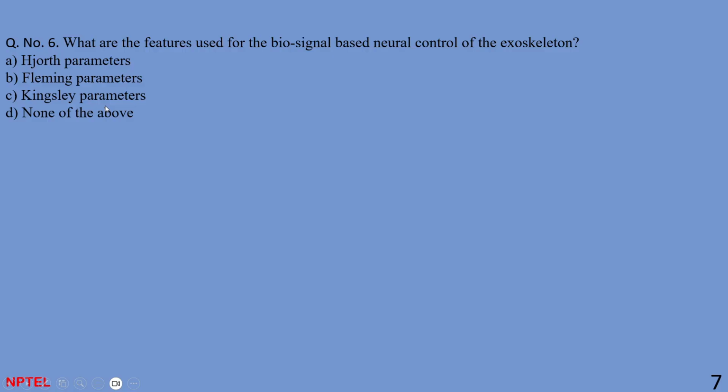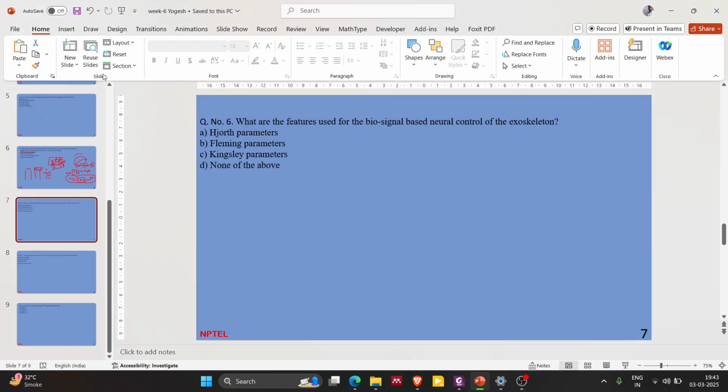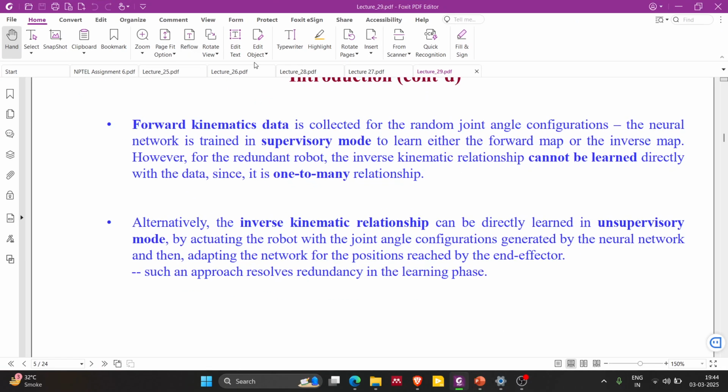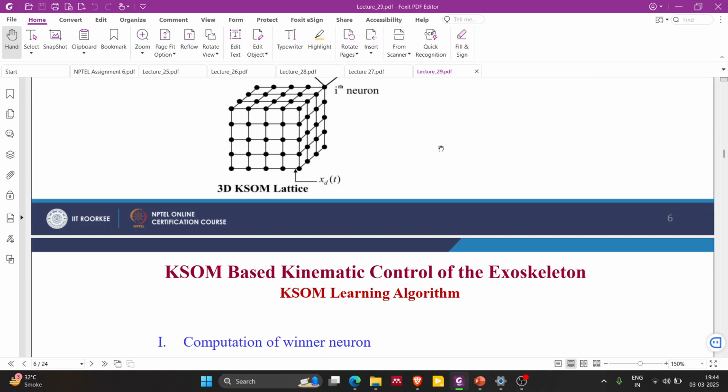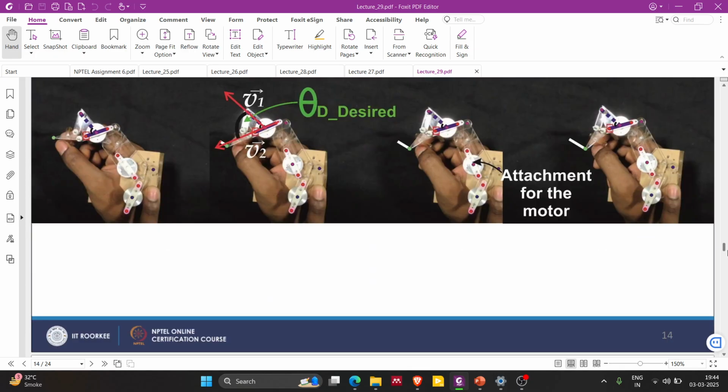What are the features used for biosignal based neural control for exoskeleton? There is no such parameter mentioned here except the Hjorth parameters, which are the only parameters you can get. So please refer to lecture 29, or is it lecture 30?